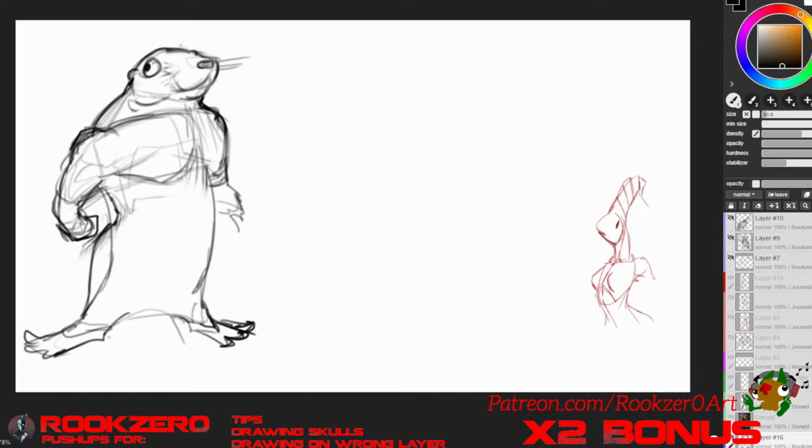What does an otter skeleton look like? That's a good question. Oh boy. That is a whole lot of creepy. Whole lot of noodle.